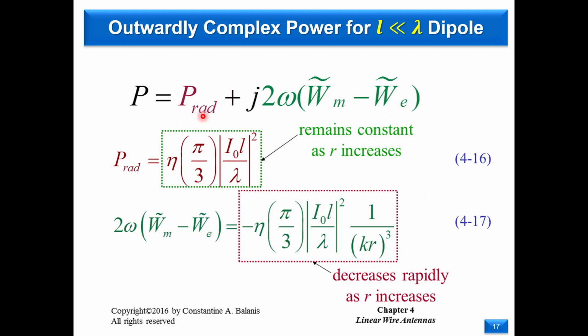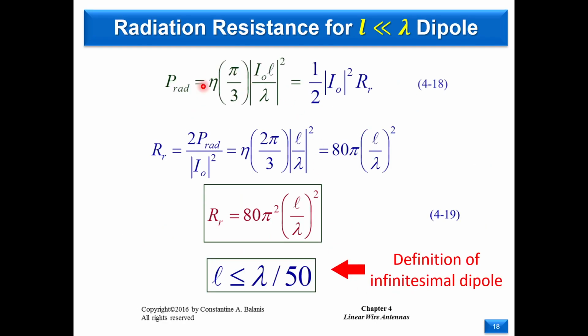Okay, so the radiated power has this expression, and the reactive power has this expression, and as I said, it decreases very fast once we go away from the antenna. The radiated power is related to the radiation resistance with this expression, and from here we can find the expression for radiation resistance.